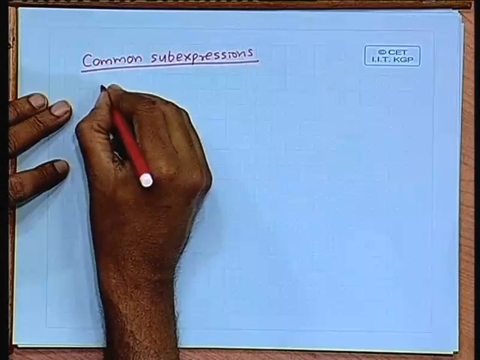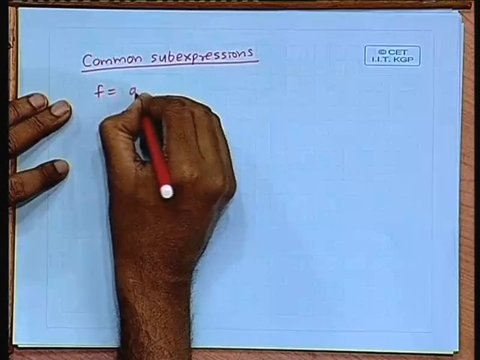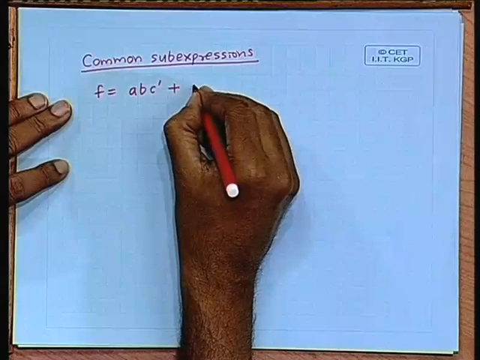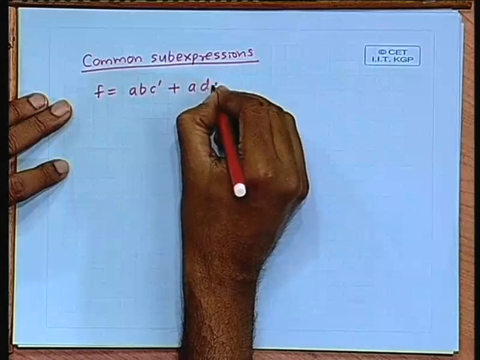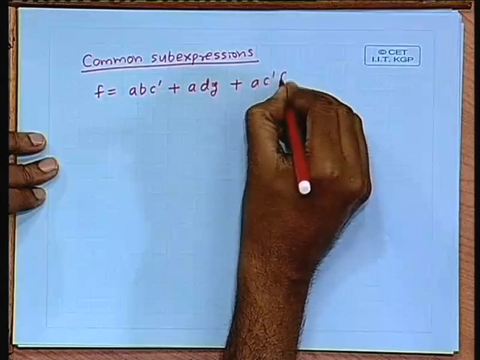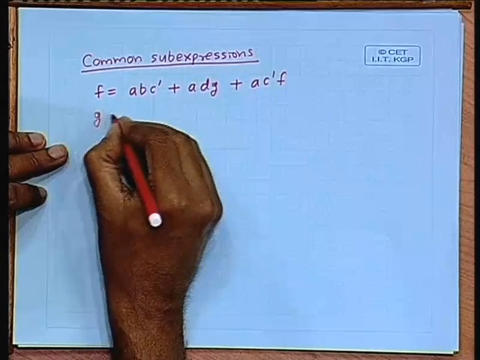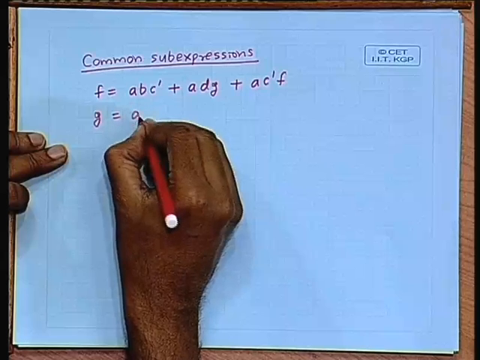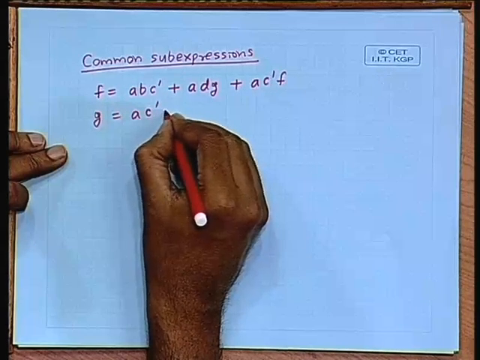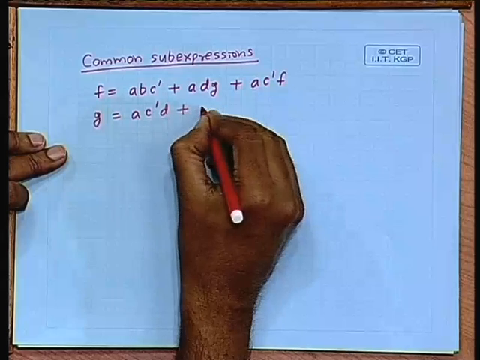Suppose I have a function f equal to abc bar plus adg plus ac bar f. There is another function g, ac bar d plus adf.